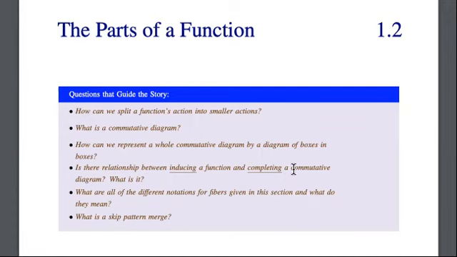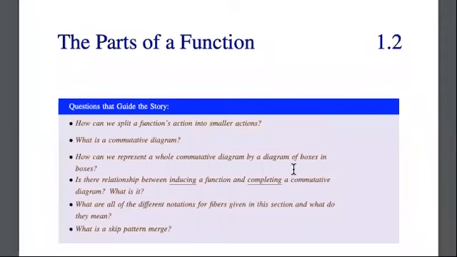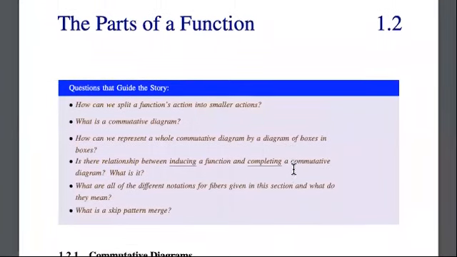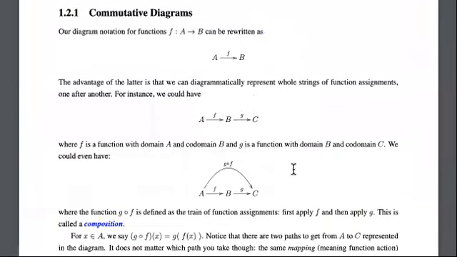We're going to split the action of a function of merging and relabeling into parts and look at it in particular. One notion which we will be using at times in this text is something known as a commutative diagram. Let's start off with what this means. See this function f: A to B. This means A is the domain, B is the codomain.